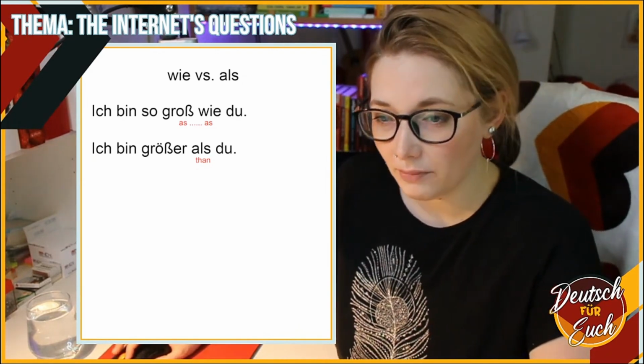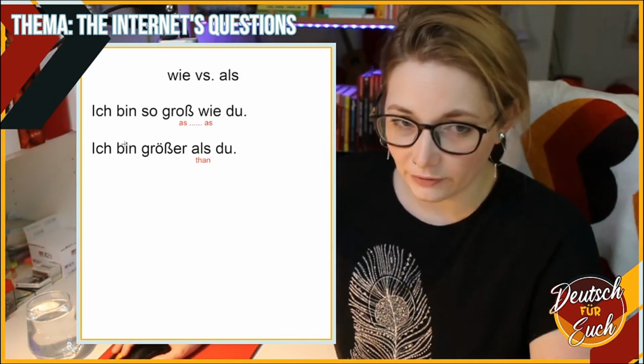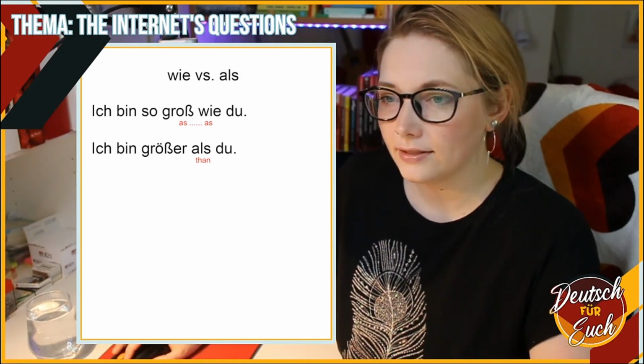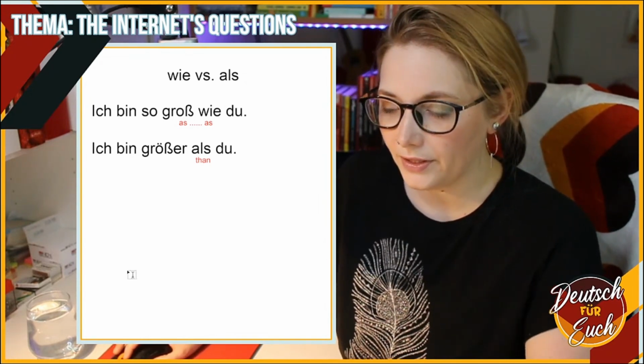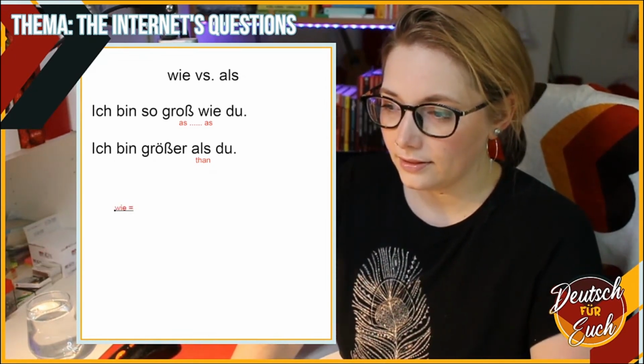Even if you've never thought about this in English, you will be able to recognize, at least intuitively, what the difference is here. Wie und als. The difference is wie is used when we're comparing something that is similar.